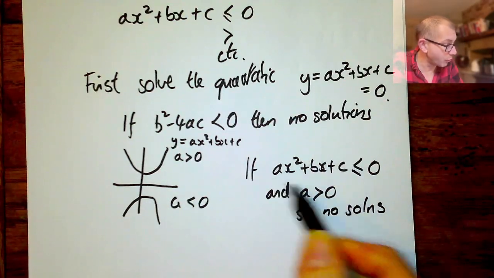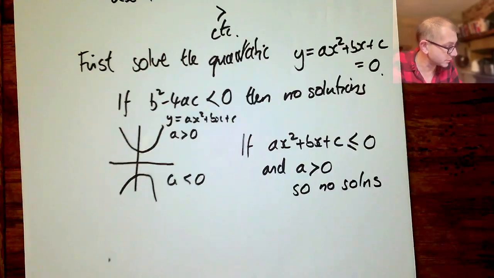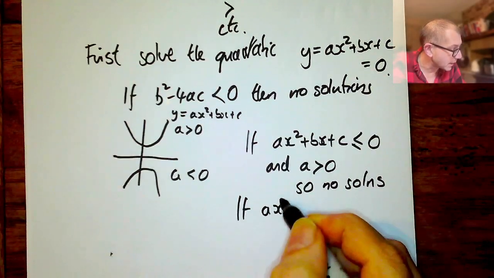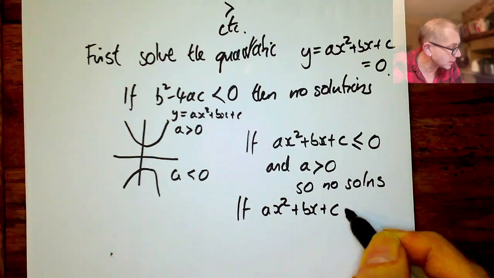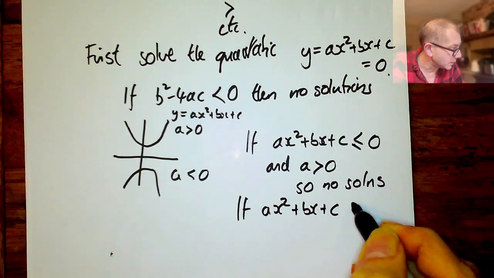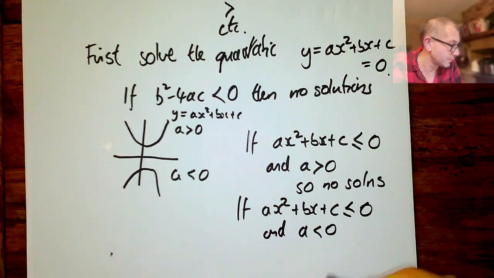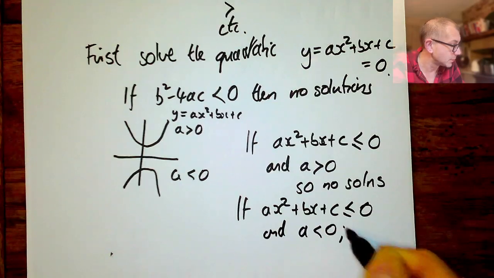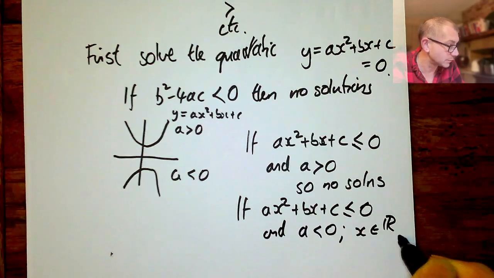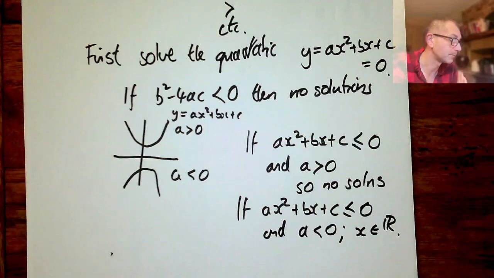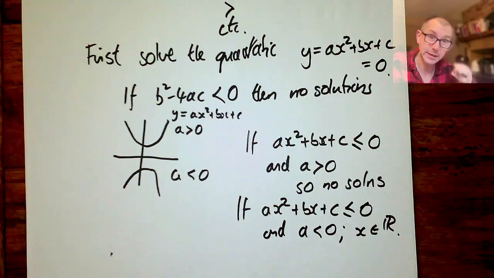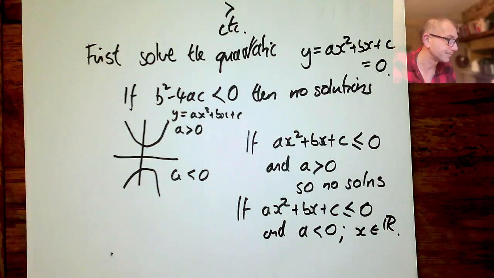So this value is always less than 0. So if ax squared plus bx plus c is less than or equal to 0 and a is less than 0, the solution set is just anything, so x in the reals. Okay, so that's one particular case, where the quadratic has no solutions. The quadratic equation has no solutions, but then you get either no solutions or infinitely many.